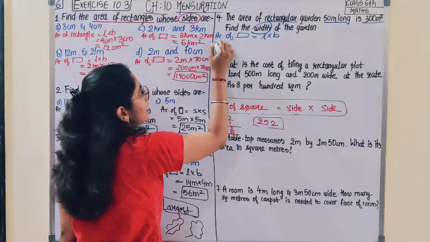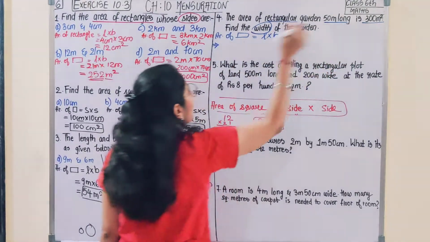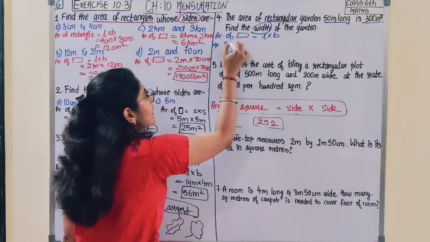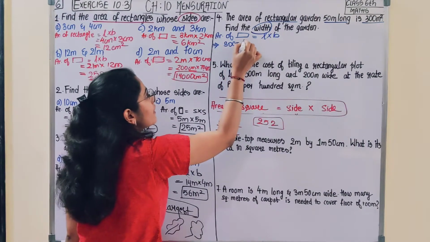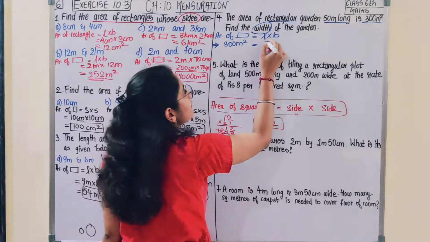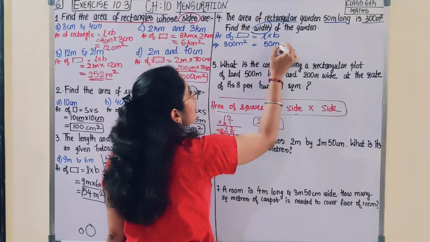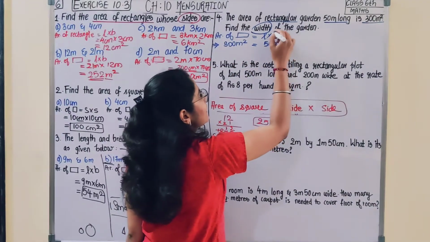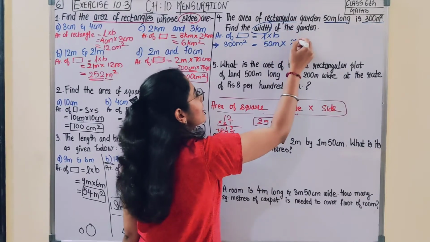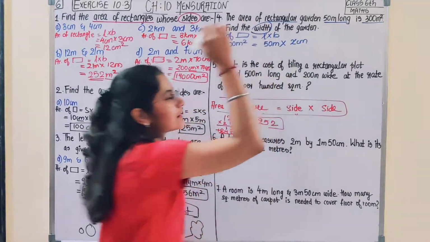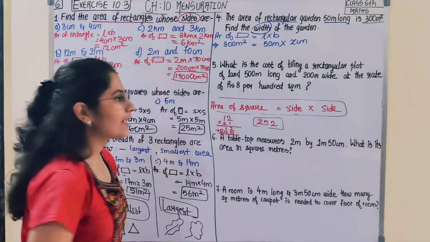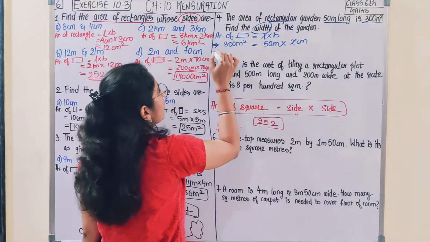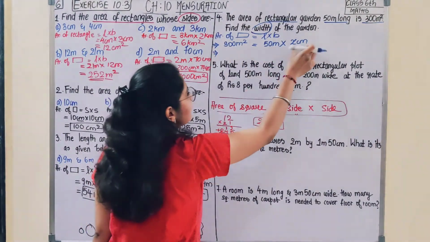What is the area? 300 meter square. What is the length? 50 meter long. What is the breadth? We have to calculate, right? So let us consider x centimeter be the breadth of the garden.